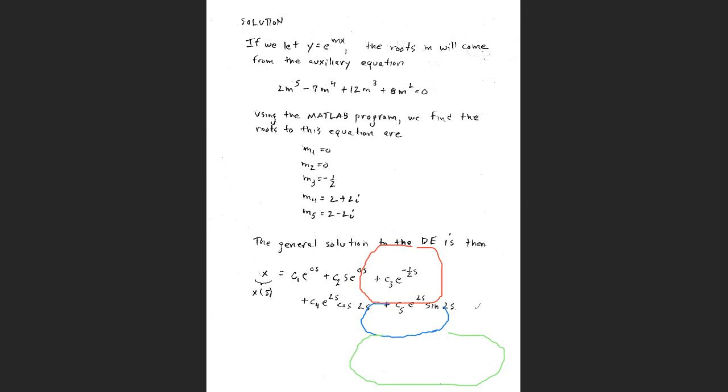But you see the 2 and the 2i, this 2 here is your alpha, and this other 2 is your beta. So if you go back and look at your notes on case 3, it gives the general solution when you have alpha plus beta i.